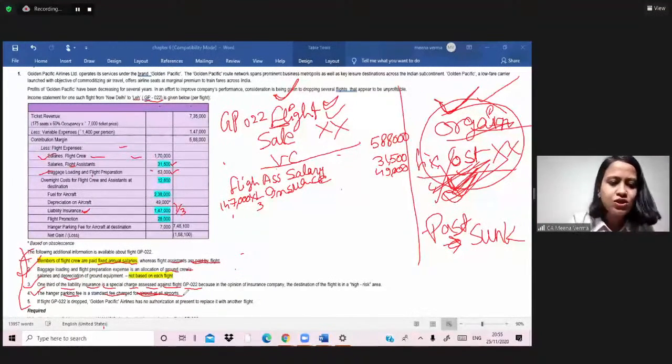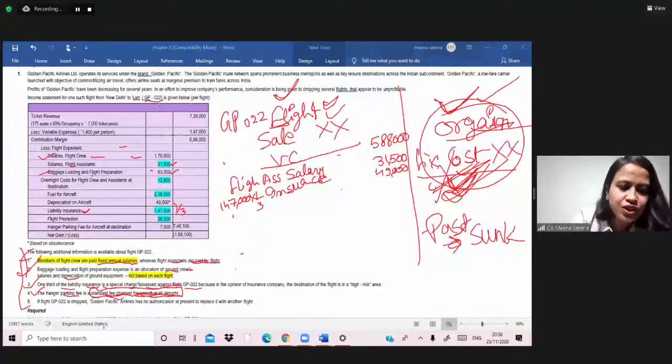But the hangar parking fee is a standard fee charged for aircraft at all airports, so we will not consider this.